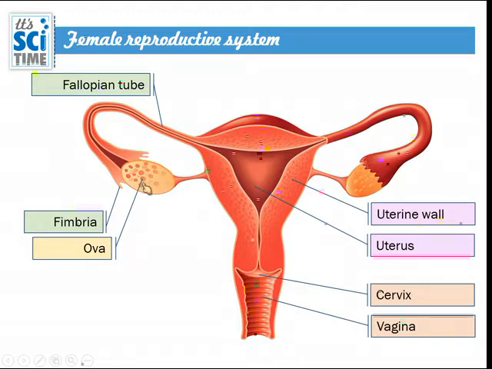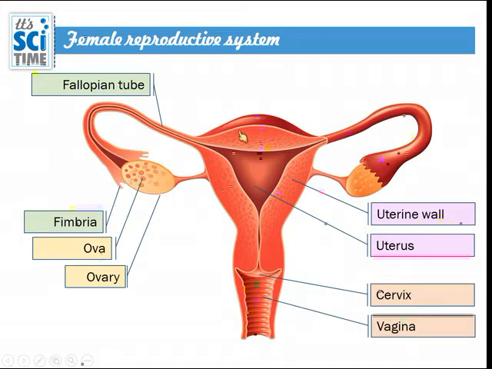Finally, the ova will be released once sexual maturation takes place. Then the ovum will enter the fimbria and travel into the fallopian tube. And this unit is called the ovary. Those are the parts of the female reproductive system.